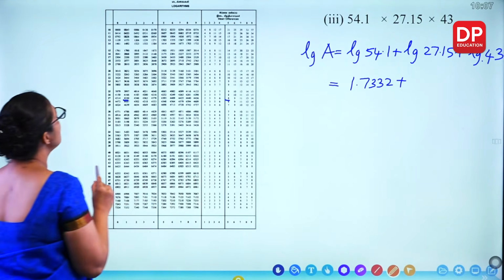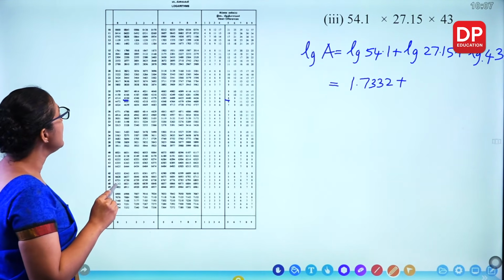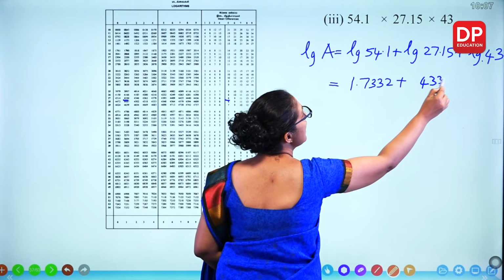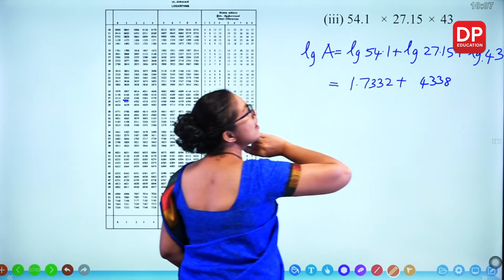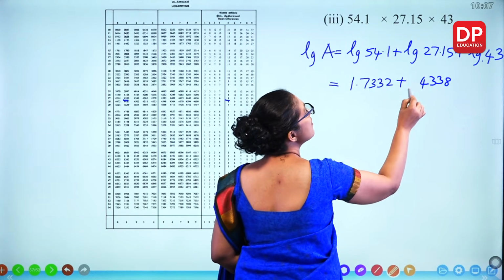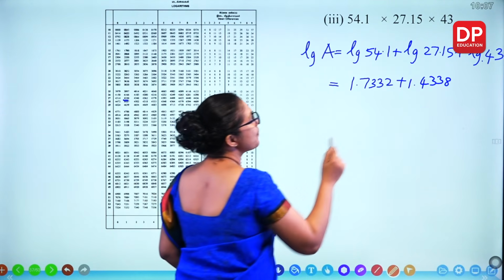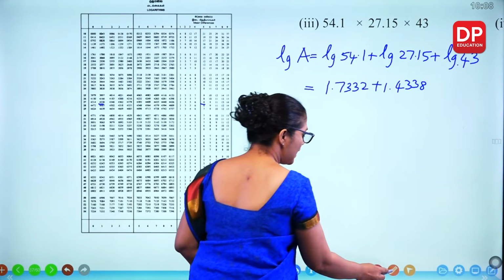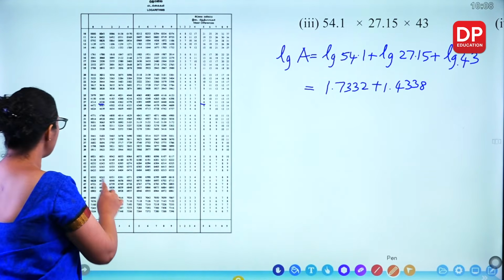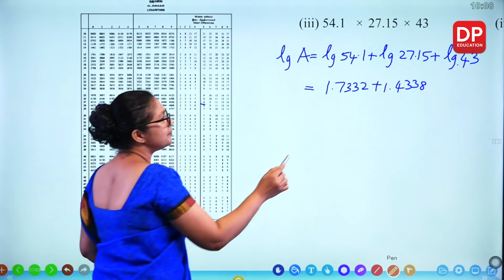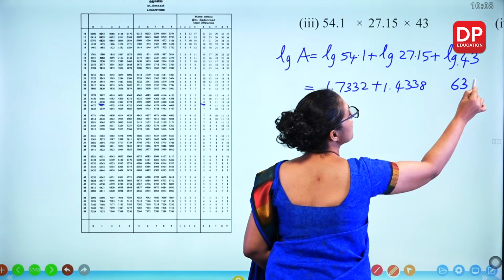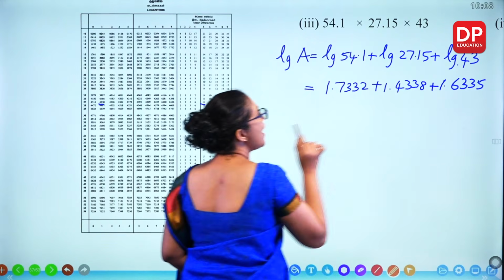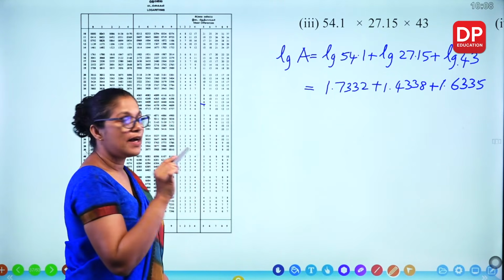You need to add 8 to that. 4338, and the characteristic is 1. The next number, 43. So 43 0, 6335, and characteristic is 1. Now add all the decimal values.